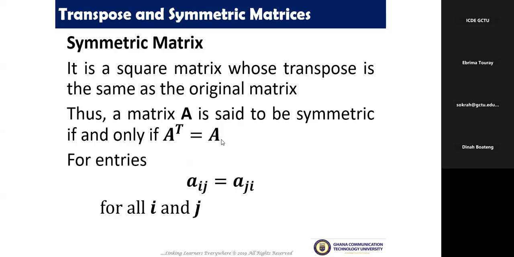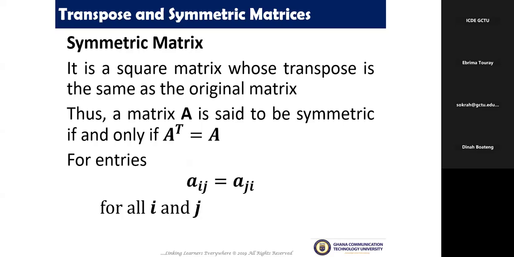I hope I've made myself clear. So when you find the transpose of a given matrix and the result is exactly the same as the original matrix that you transposed, then you call the original matrix symmetric. That is what we mean by symmetry of matrices.